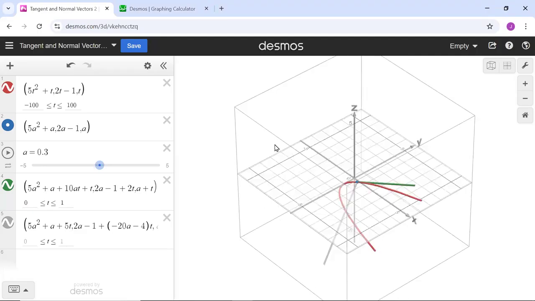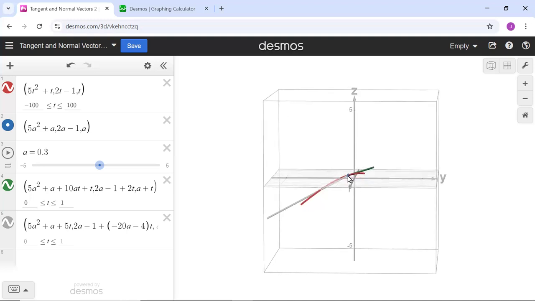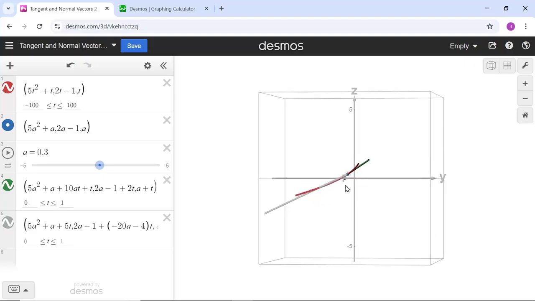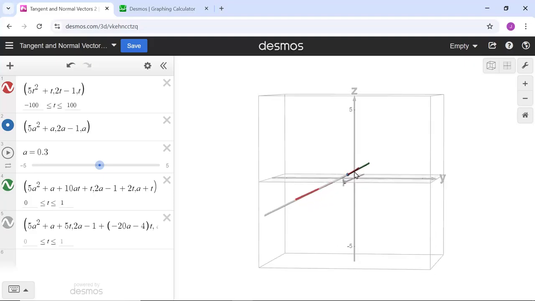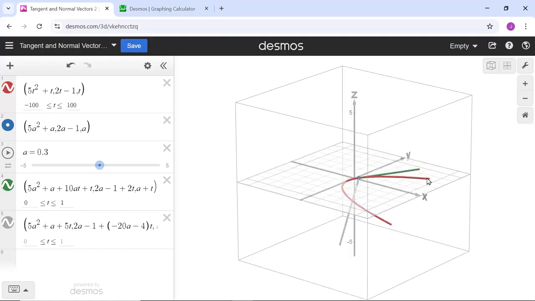Notice how the tangent vector is going to be orthogonal to the normal vector. And I also want you to notice that in this case, the normal vector and the tangent vector are creating essentially the plane that the graph is in. They're in the same plane.